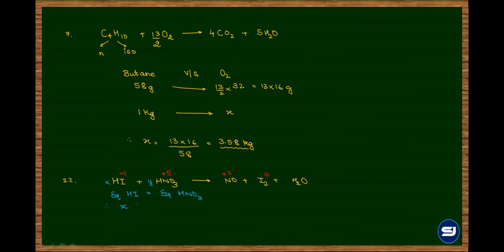So moles are X, n factor is 1. Moles are Y, n factor is 3. And X is to Y comes out to be 3 is to 1. That's the answer. So 3 is to 1 would be equivalent to 6 is to 2 as well. So from the options, the answer is 3.